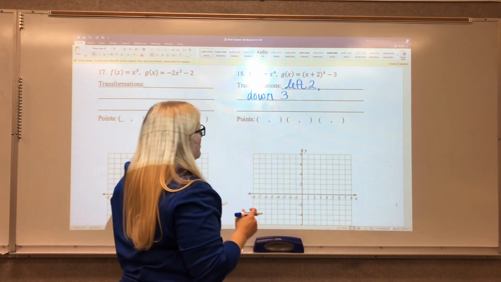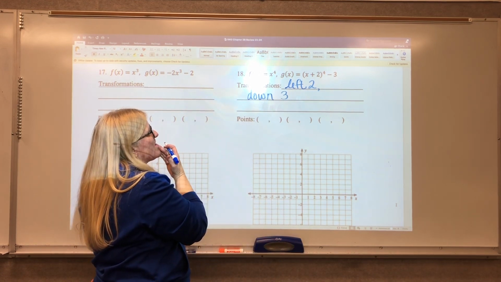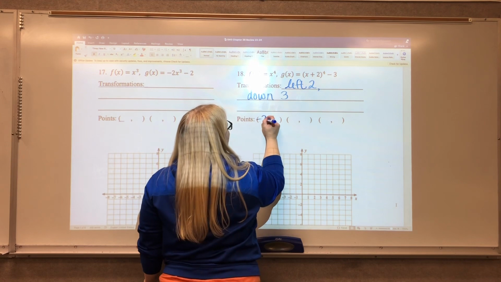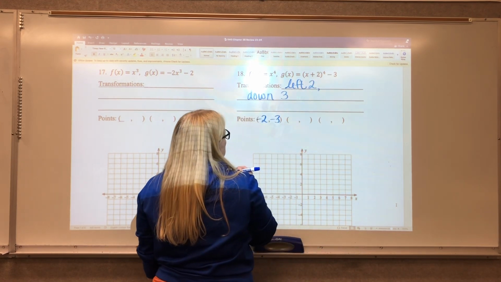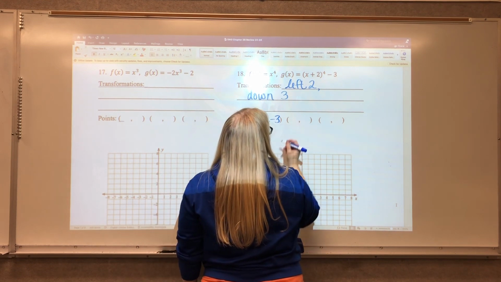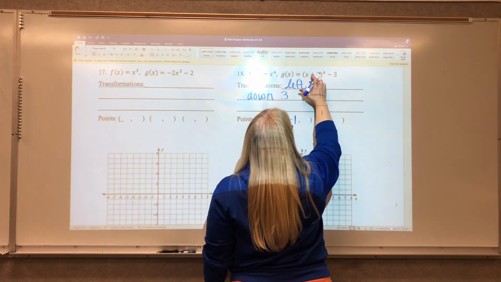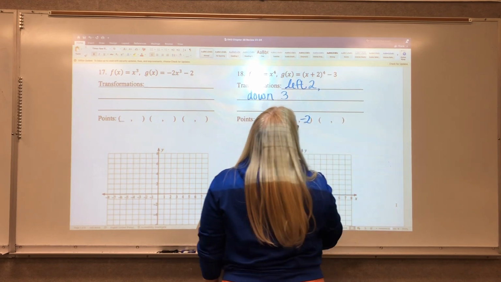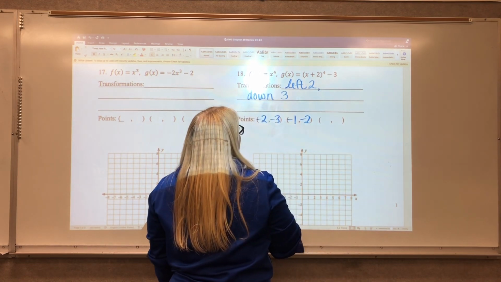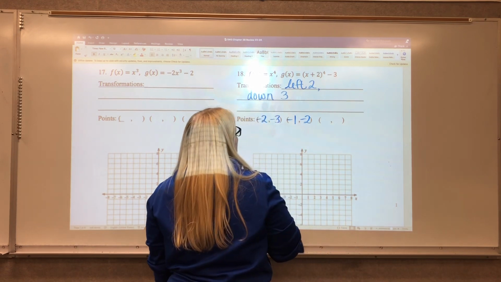And if I want to keep this one on the graph, -2 is a good one because that gives me 0, so -3. Let's do -1 because that makes this 1. 1 minus 3 is -2. And if I do 0, oh no, 0 is too big.